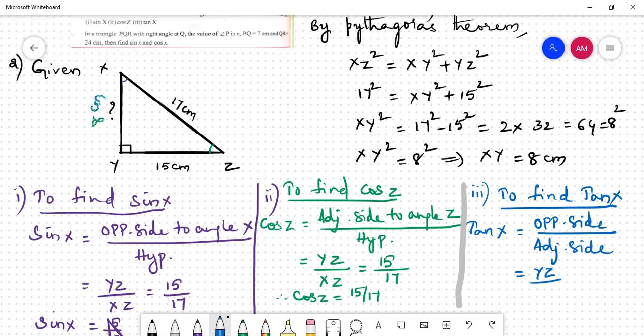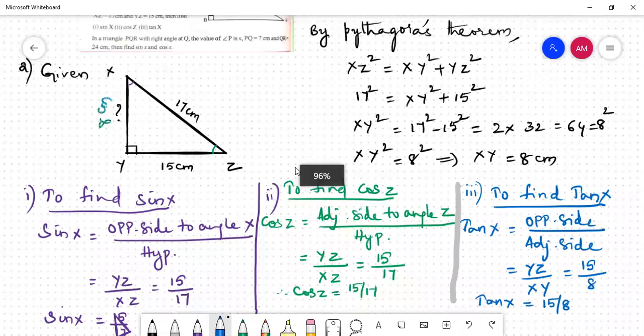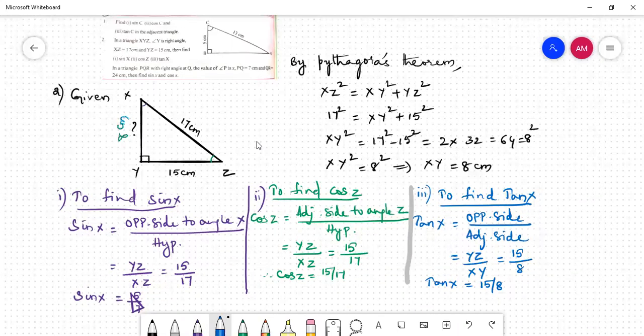Is it 17 or 8? XY, 8 centimeters. Since 17 is the hypotenuse, we have to take XY. So YZ is 15 centimeters and XY is 8 centimeters. Therefore, tan x is equal to 15 by 8. That's all. Clear?